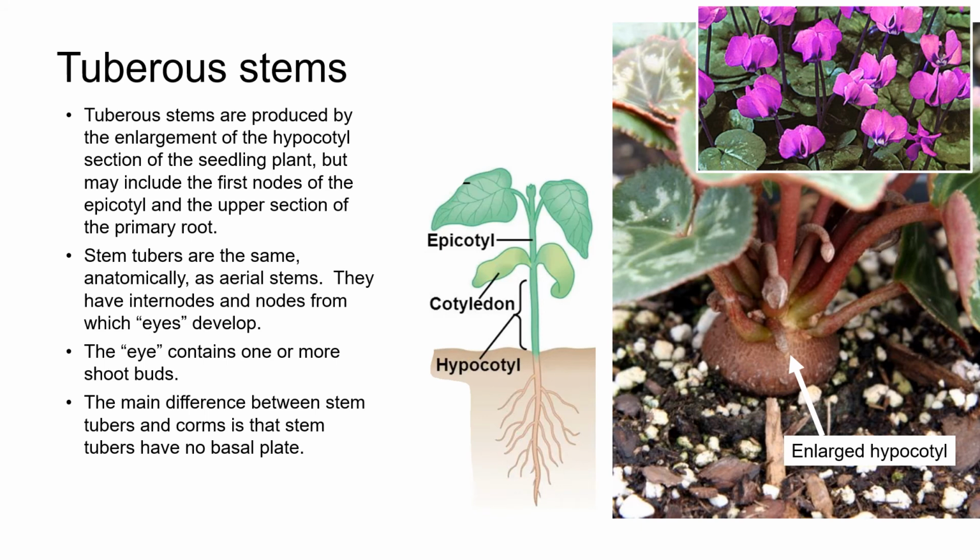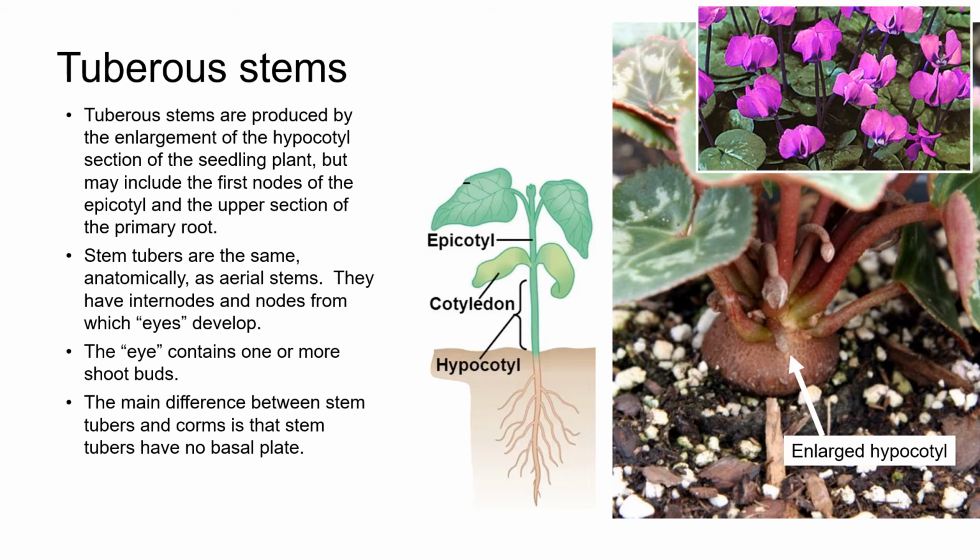Let's start talking about tubers by talking about tuberous stems. Stem tubers are produced by an enlargement of the hypocotyl section of the seedling plant, but it may also include the first nodes of the epicotyl and the upper section of the primary root.